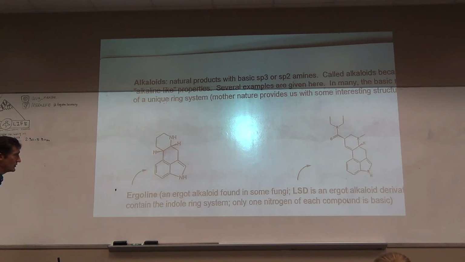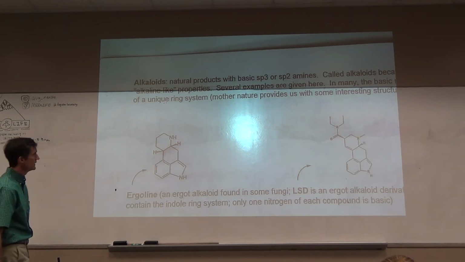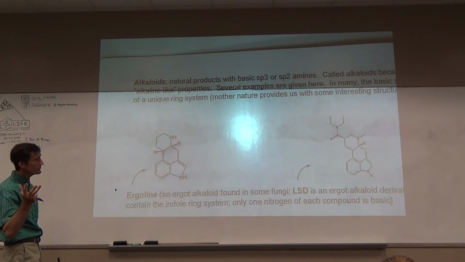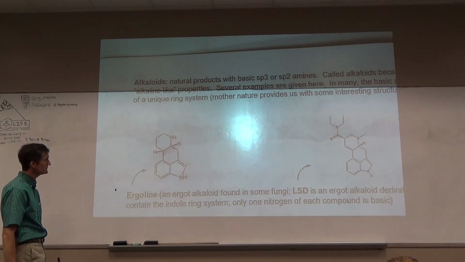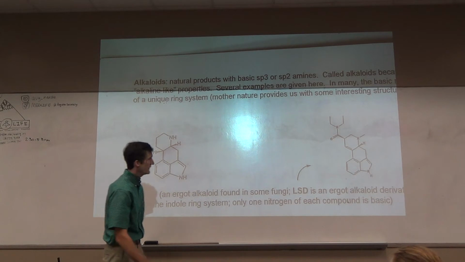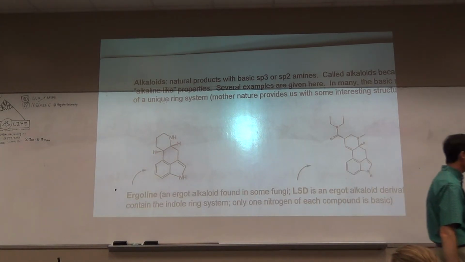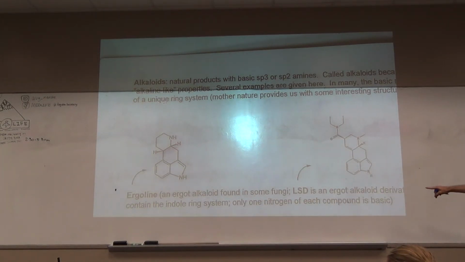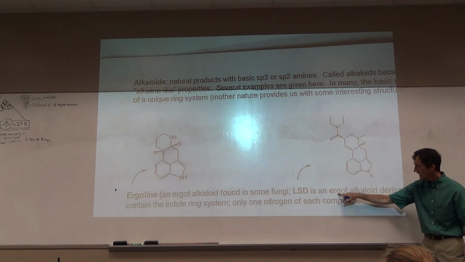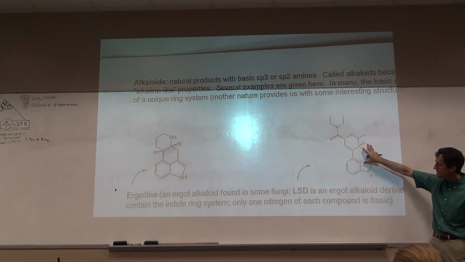Here are a number of alkaloids. A number of them are very interesting structures. Getting to be a little bit complex with some rings. A lot of these have psychedelic properties. LSD is an alkaloid. It's called an ergot alkaloid because it's just the type of alkaloid it is.